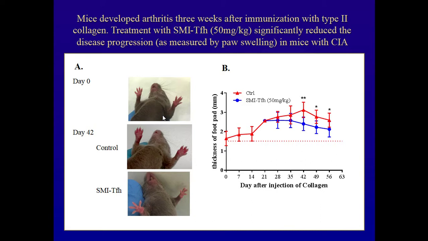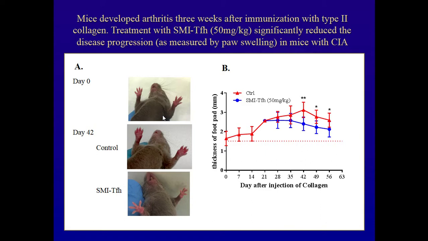You can tell the disease developed around day 21, which is week 3, and then the treatment significantly reduced the swelling of the paw from the mice.